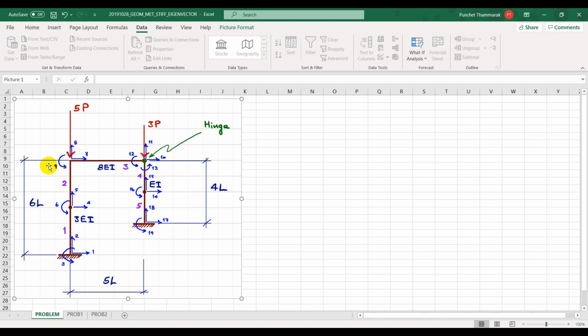If you apply the lateral load, then it's no longer an eigenvalue problem, because your force vector will turn out to be non-zero, right? So it is not a bifurcation problem anymore. Your structure will sway before it buckles.